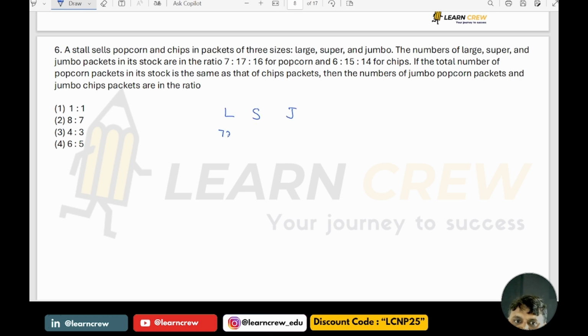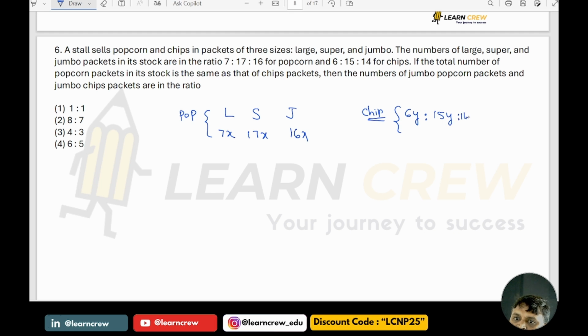If these are 7x, these are 17x, and these are 16x for popcorns, and 16:15:14 for chips. This is for popcorns. And for chips, it is 6y, 6:15:14.